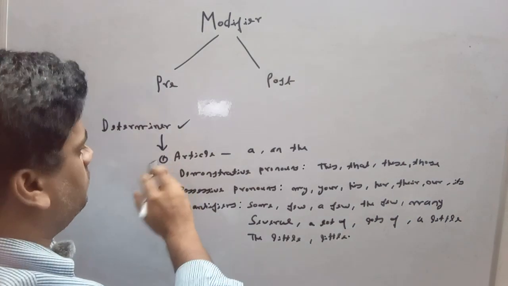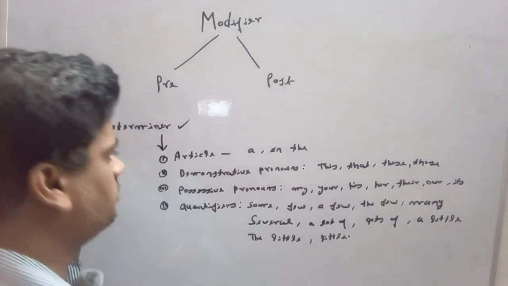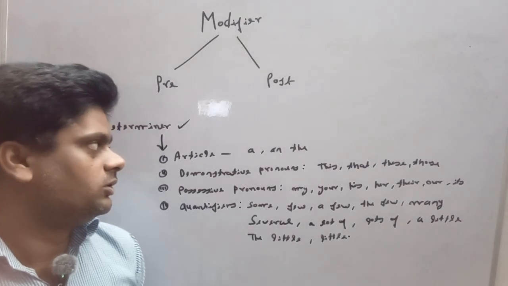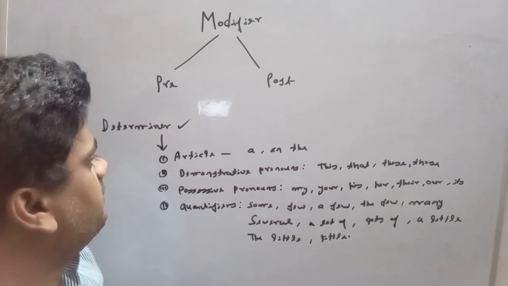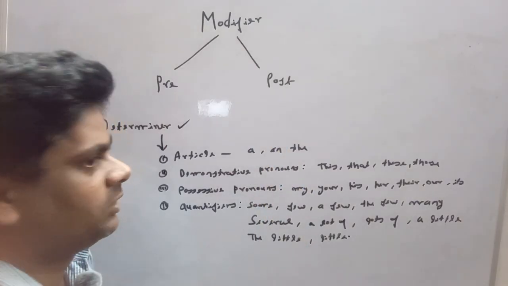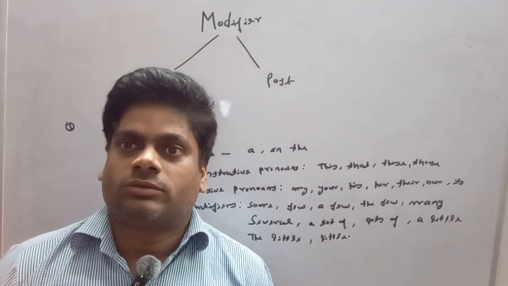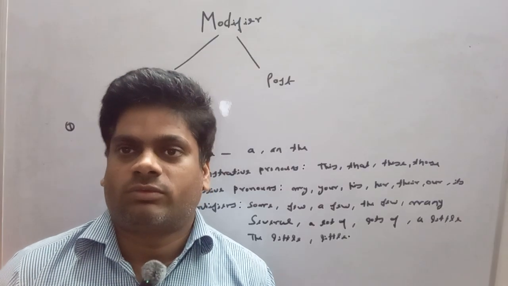First of all, articles. Articles in English language are determiners. They work as a determiner in language, a and the. Basically we use article in English language and we use article before a noun.